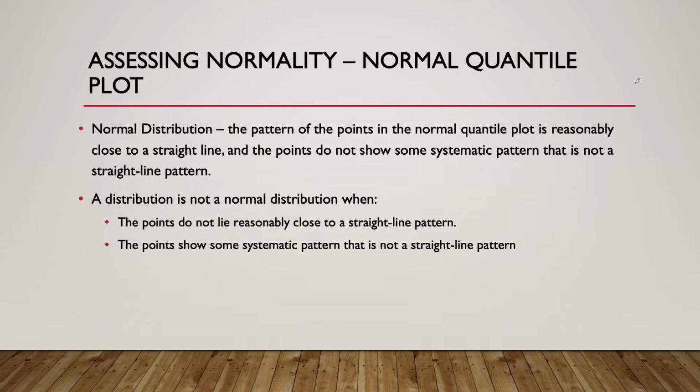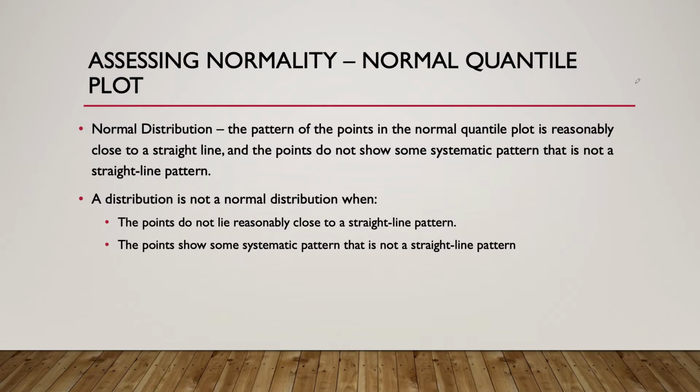But, of course, just looking at a histogram to judge if it's normally distributed or not is not necessarily the most scientific way. Mind you, we do have calculations that could give us a better estimate. But for the time being, we could assess normality through a normal quantile plot.